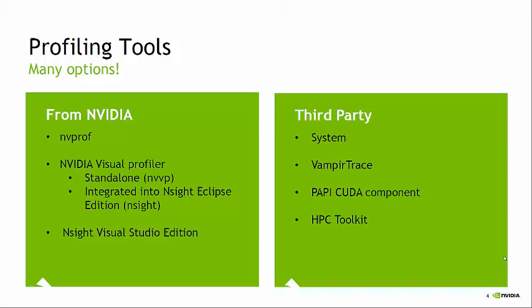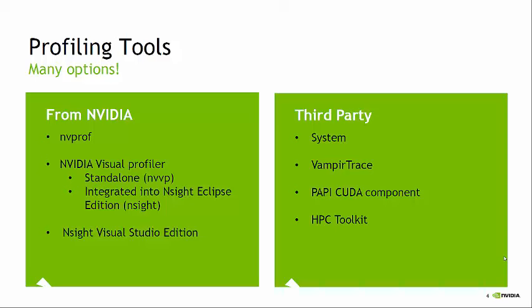In some cases, some of the newer features of the profiler, so most CUDA releases or most updates to the GPU platform have updates to the profilers, and some of them make it into Visual Studio Edition but not nvvp, and some of them make it into nvvp and not Visual Studio. It's just a Windows versus not Windows thing.